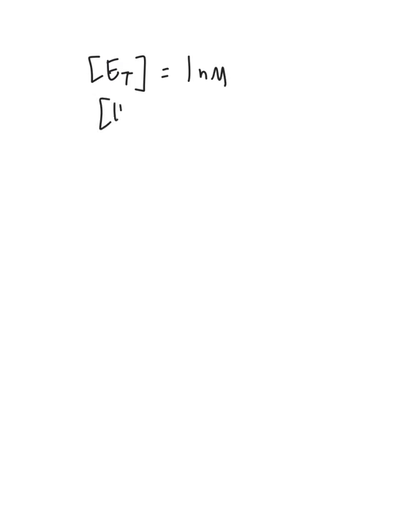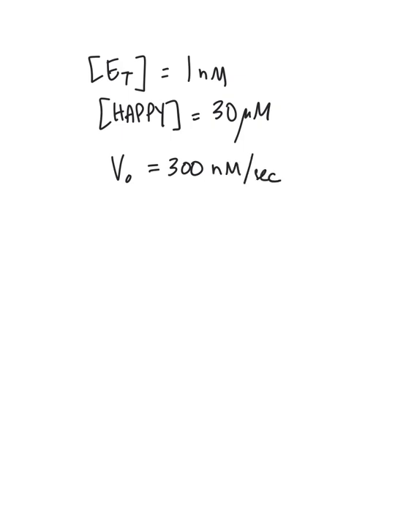And your substrate concentration, which is happy, your substrate, is 30 micromolar. You find that using this substrate concentration, your initial velocity is 300 nanomolar per second. And it's asking you what is the Km of hapiase for its substrate happy.